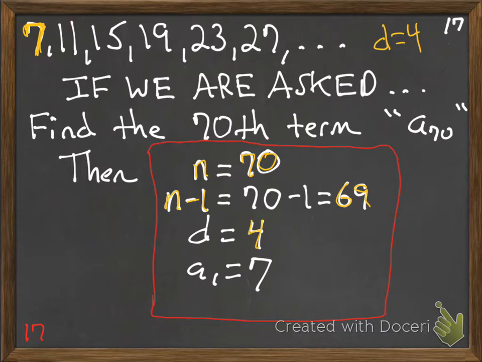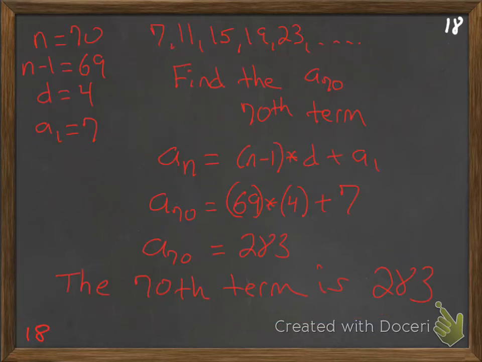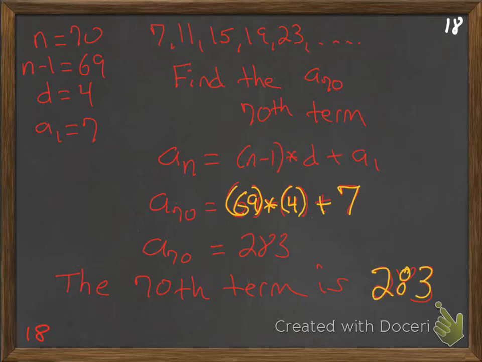We said that 4 was the common difference, and we said the first term was 7. So if we take this information and enter it into our formula, there's n minus 1 times the common difference plus the first term. And we find that the 70th term is 283.